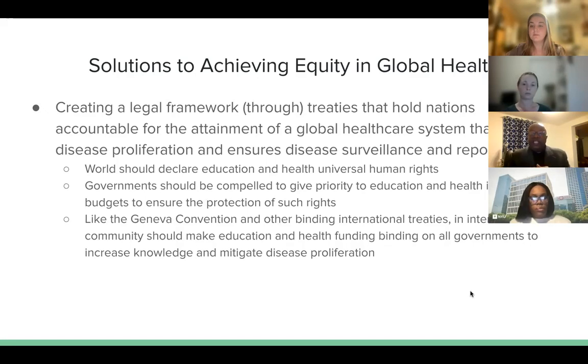Government should be compelled to give priority to education in their national budgets, and the international community should make sure that governments are compelled to give such rights to their people. Like the Geneva Conventions and other binding treaties, international community should make sure education and healthcare funding are binding on all countries, knowing that when people are educated, they act much more responsibly toward their own health and therefore contribute to the attainment of global health equity.